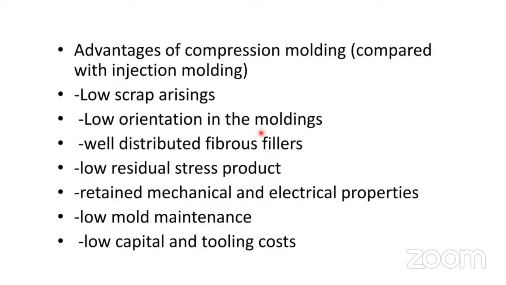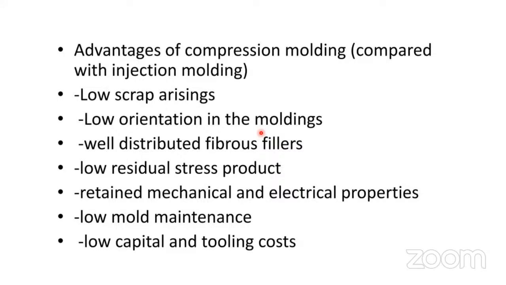Here, minimum flow is there, only inside the mold. You are charging the material directly into the mold, and therefore there is no orientation of the polymer. And that's why it shows very low orientation.